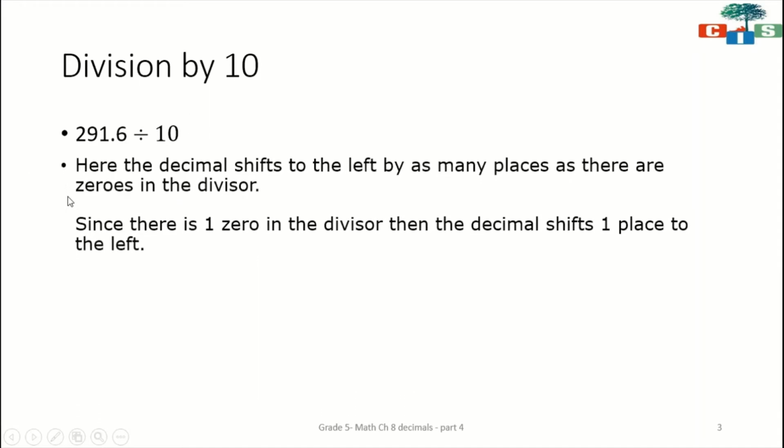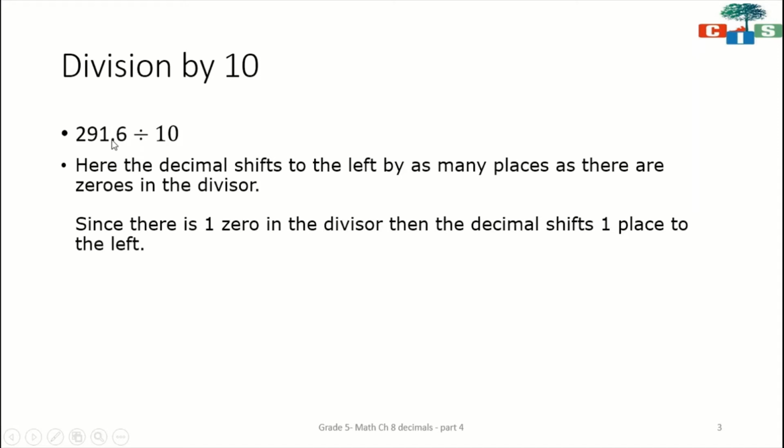Since it is a decimal, we have to shift the decimal point to its left by as many places as there are zeros in the divisor, because it is a division. Now our first task is that we have to count the number of the zeros in the divisor. Here we have 10. It means we have only how many zero? We have only one zero in the divisor. So what we will do? We will shift only by one place to its left.